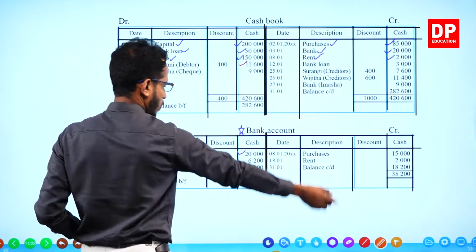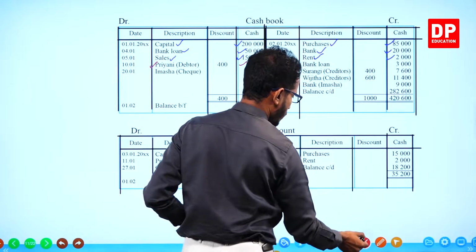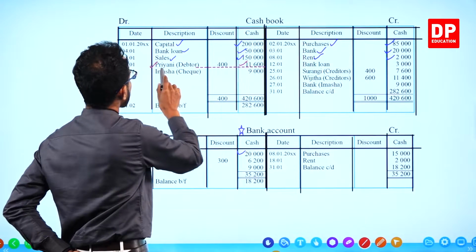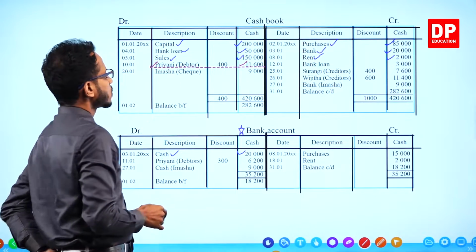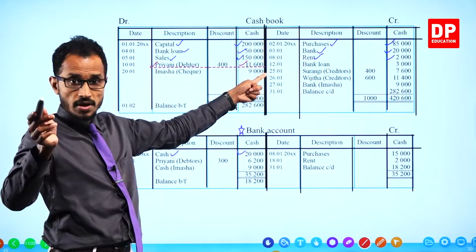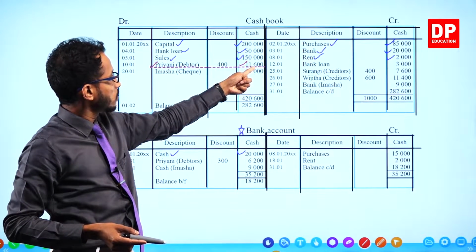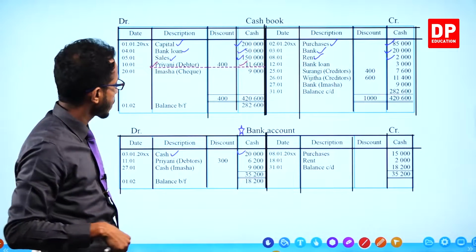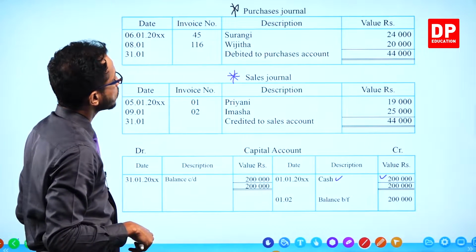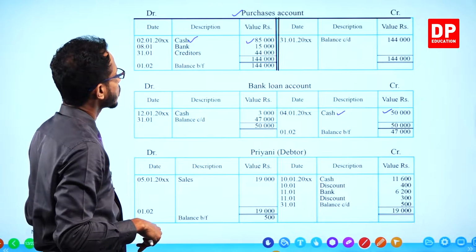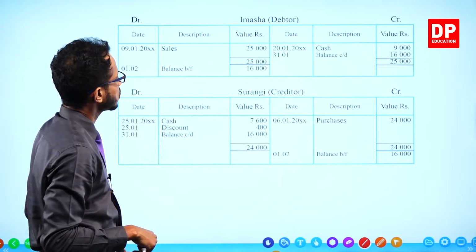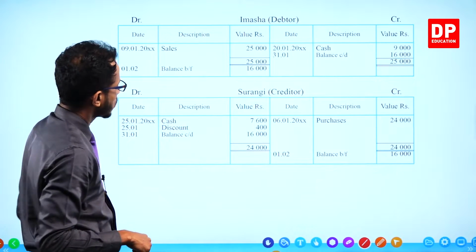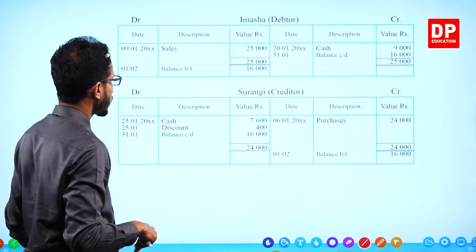So, what is done? Priyani, 11,600 we received from her. So, cash coming in, cash debit with the discount. Priyani's account should be credit. Where is Priyani? Imesha here, Surangi here.